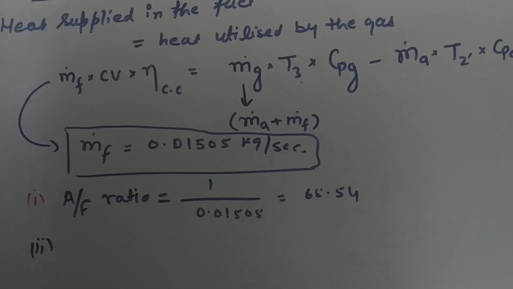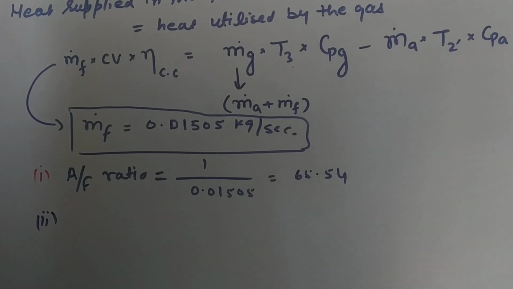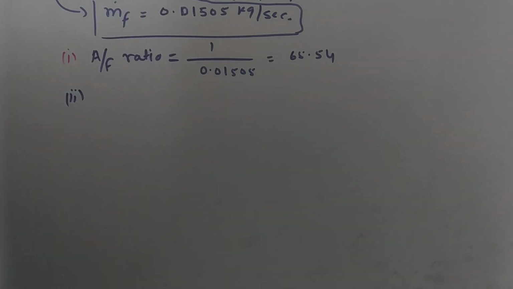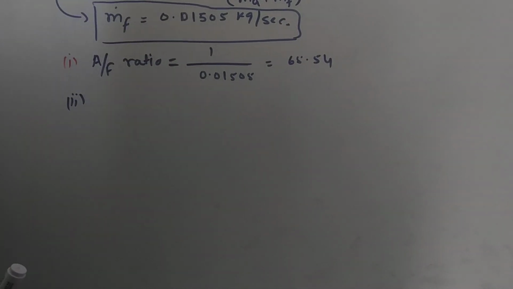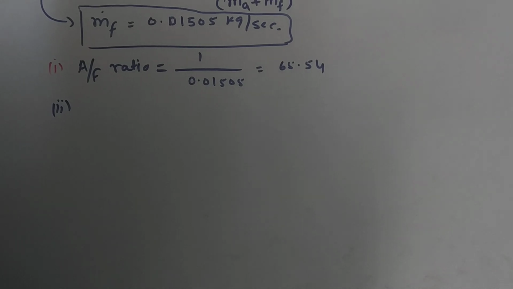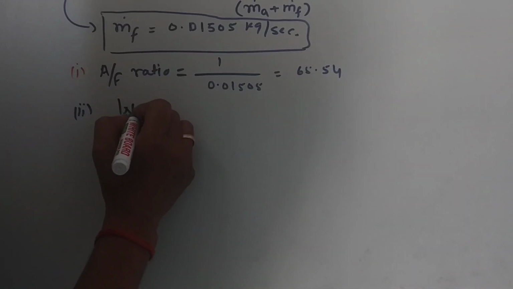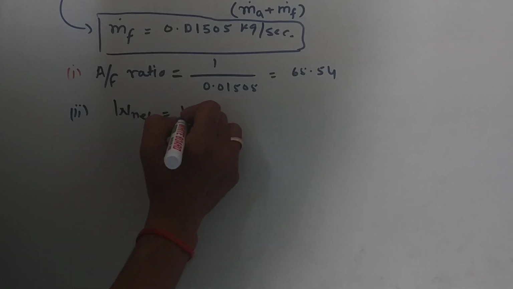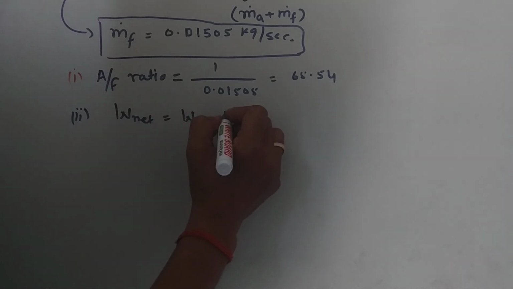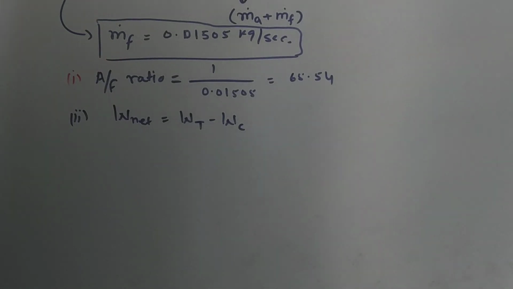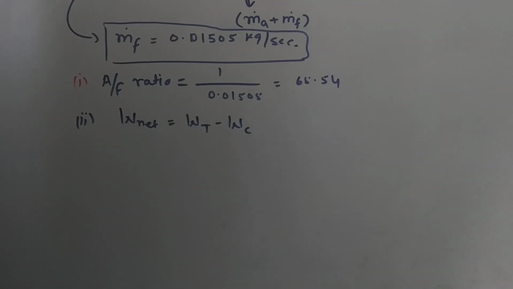Okay, second part: you have to calculate the power output of the plant. We know that power output, or W net, is equal to the work at the turbine minus the work supplied to the compressor. This is the net work done or power developed at the plant.